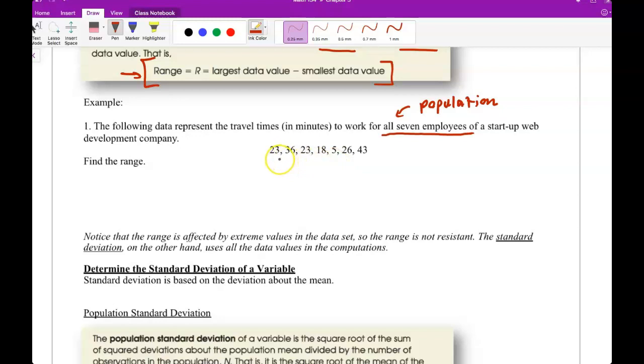To find a range, we should rearrange these, or it doesn't matter, you can just find which one is the smallest number and which one is the largest one, and find range. So max is 43, smallest one or minimum is 5.